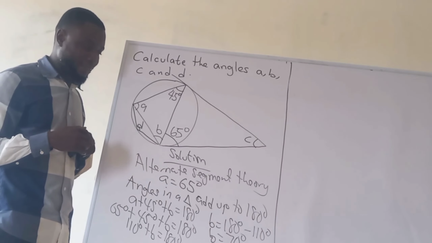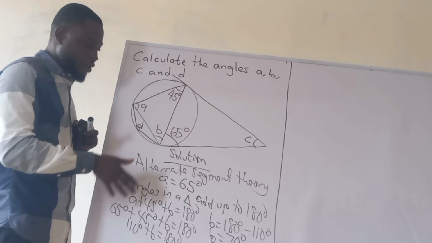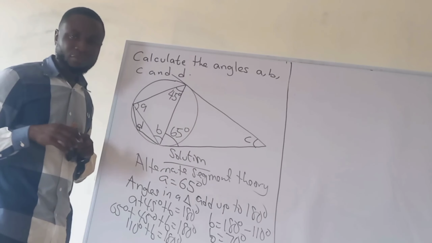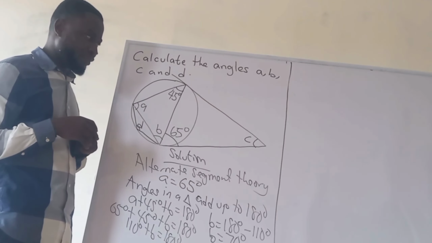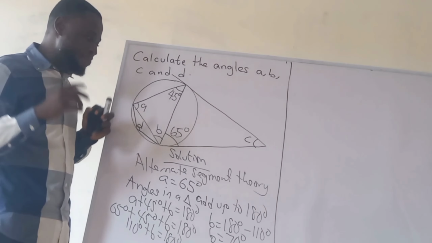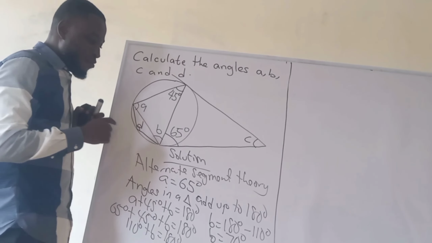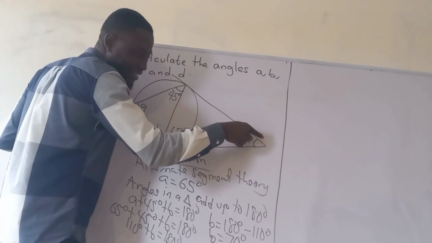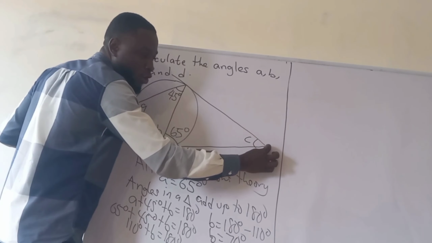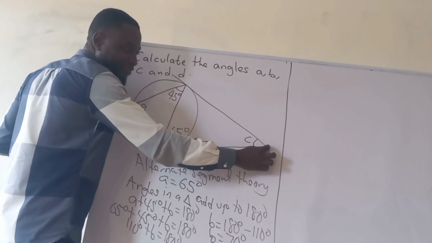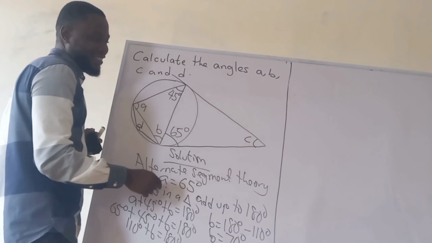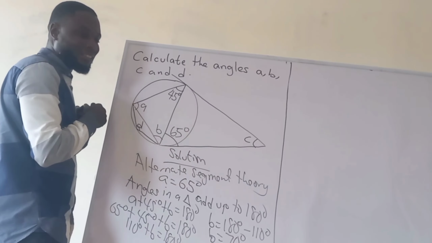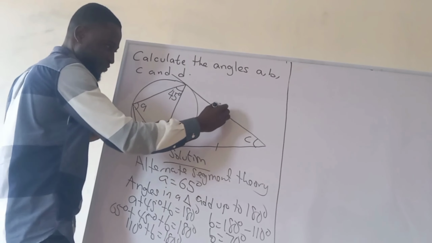As simple as that. So we have gotten our A, we have gotten our B. Our next move is to get our C. For the C, the theorem that comes to mind is when you have two tangents meeting at a point, they are meeting here. In that case, the length of this tangent and the length of this tangent should be equal.